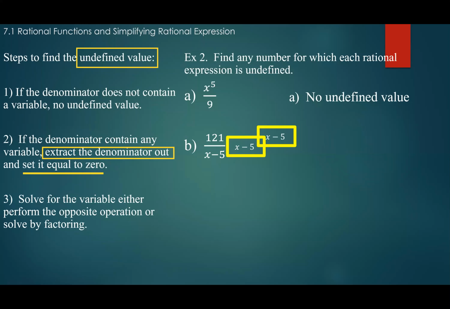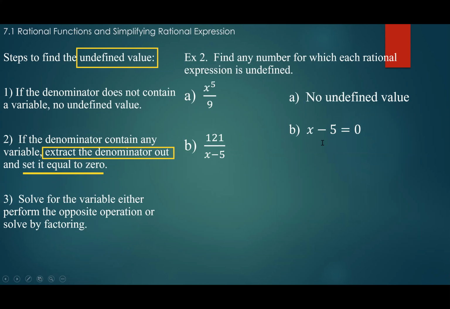We take this denominator and set it equal to 0. Whatever the denominator is, I don't care. I take the denominator and set it equal to 0. Once you set it equal to 0, can you solve for x here? Do you agree that you can solve for x here? And how do you solve for x?